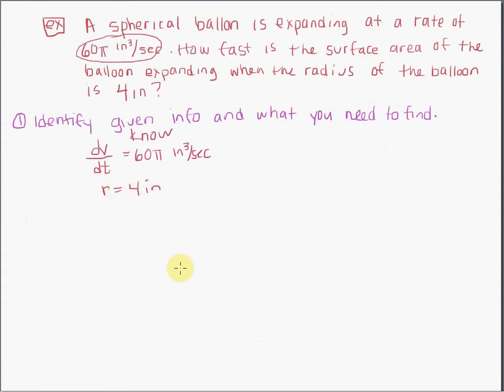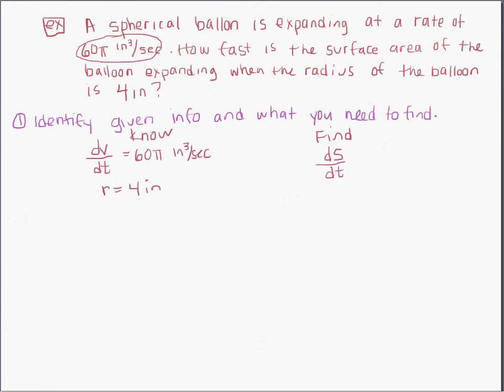And on here it says, how fast is the surface area of the balloon expanding? So now we need to find the surface area and the rate that it's changing with respect to time. Now we need to find an equation that relates those together.